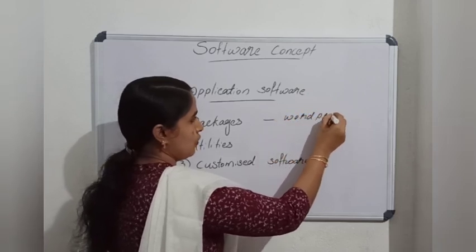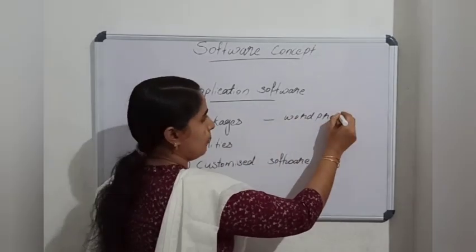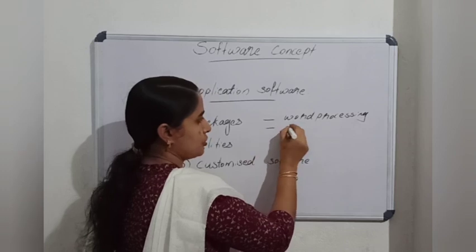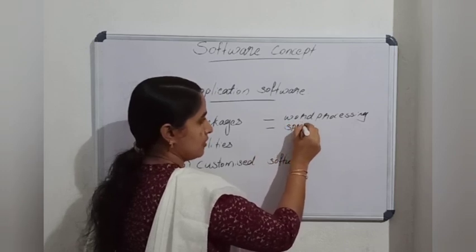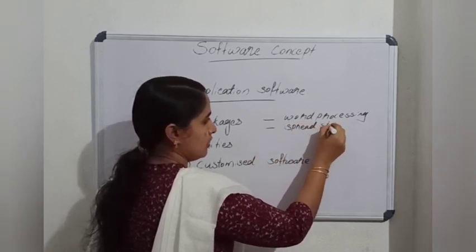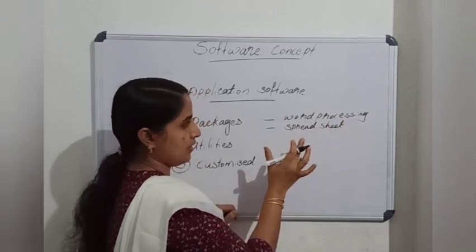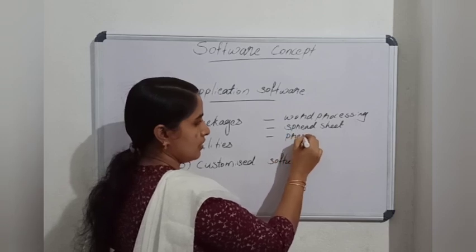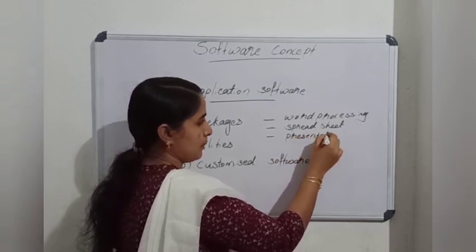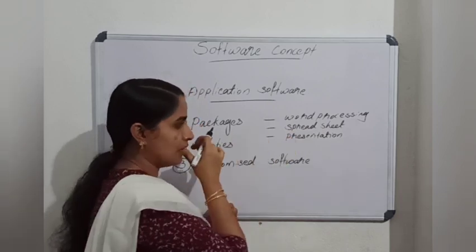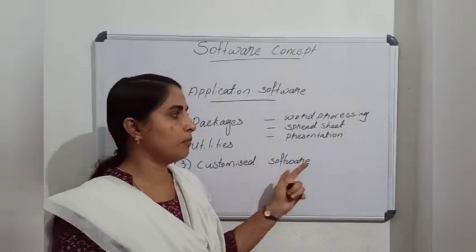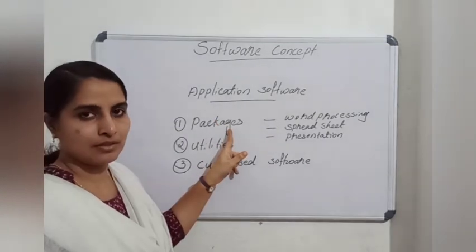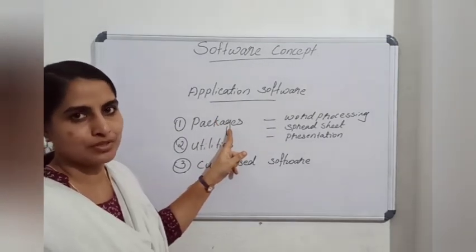Word processing is one example of a package. Then spreadsheet, for example MS Excel. Then there are presentation software, and DTP software, desktop publishing software. They are examples of packages.